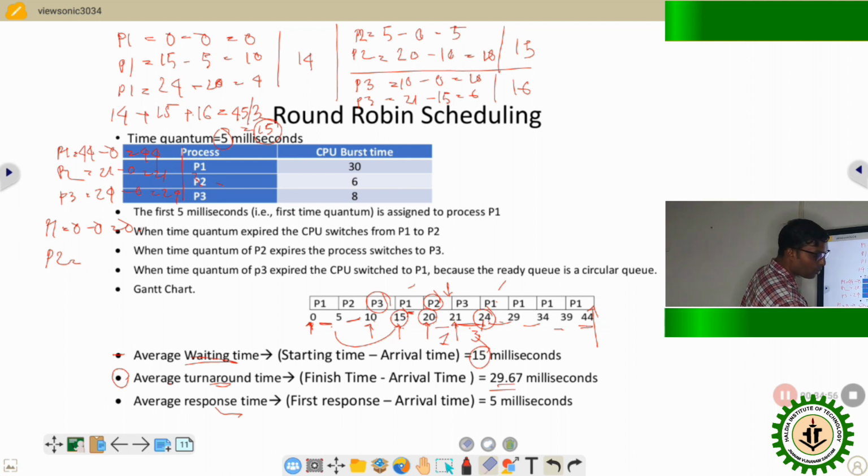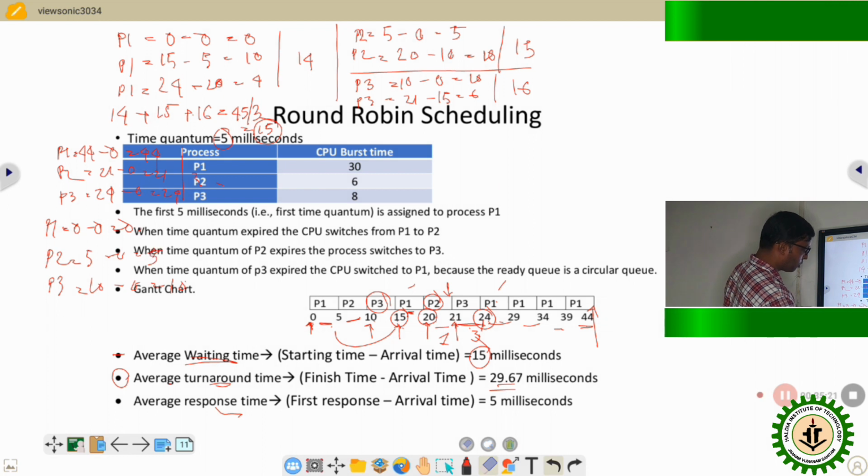what is the first response? 5, minus arrival time, 5. For process P3, what is the first response? 10. Arrival time of process P3 is 0. So it is 10.